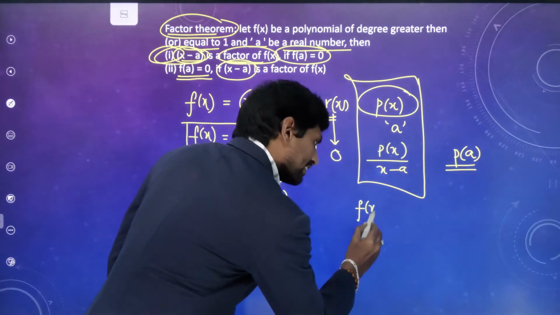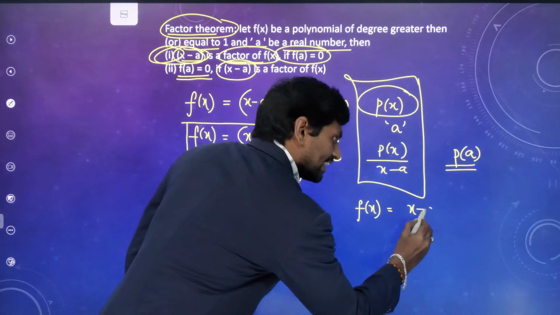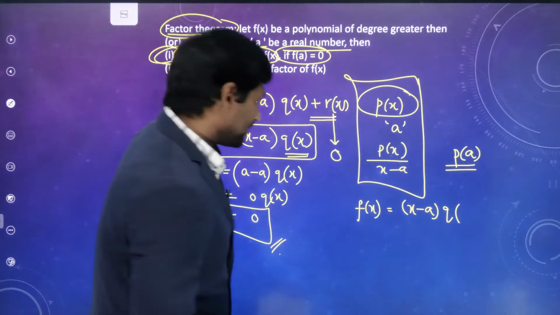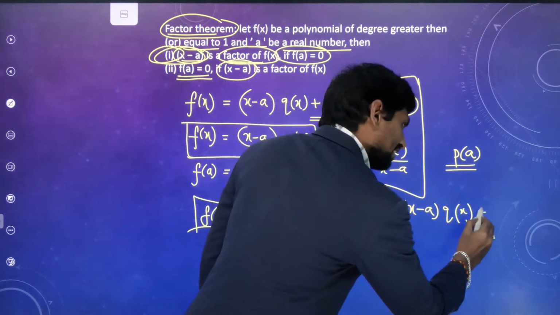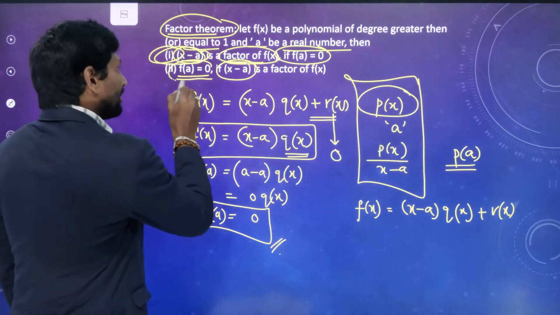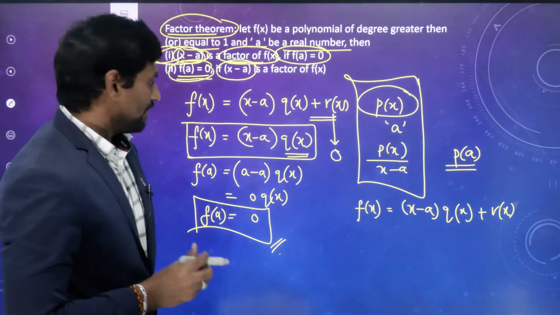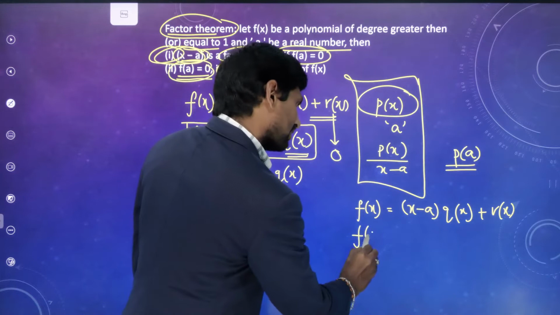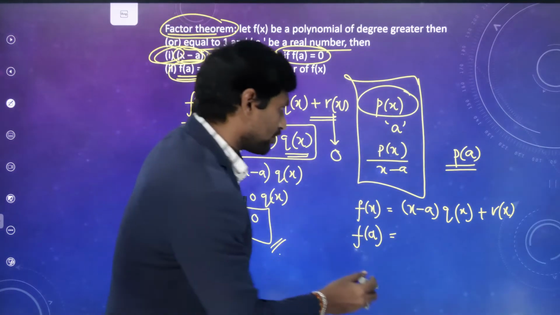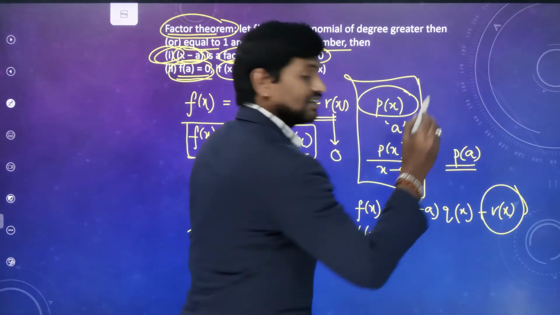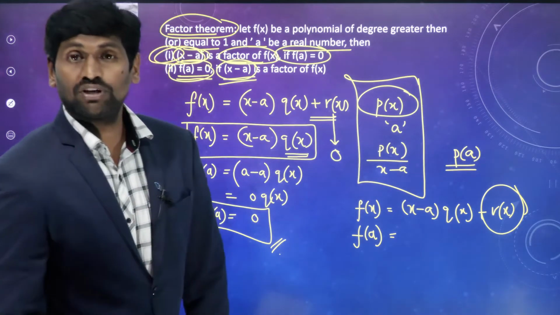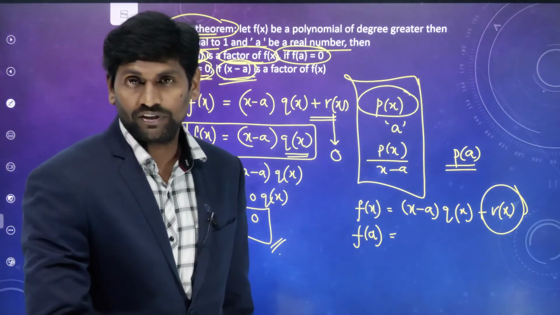If f of x is divided by x minus a, then the remainder is f of a. Am I right? Here f of a becomes 0. That means when you substitute and f of a is 0, x minus a will be a factor of the given polynomial f of x.